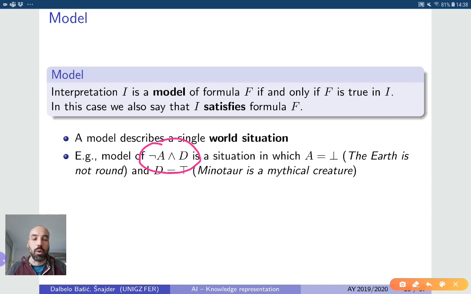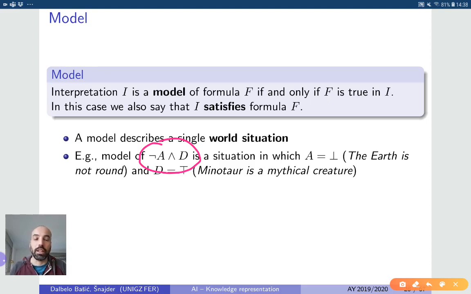Now, why? Because this formula has 2 variables, so it has 4 interpretations. And out of these 4 interpretations, in some of them the formula is going to be true, and in others it's going to be false, right?